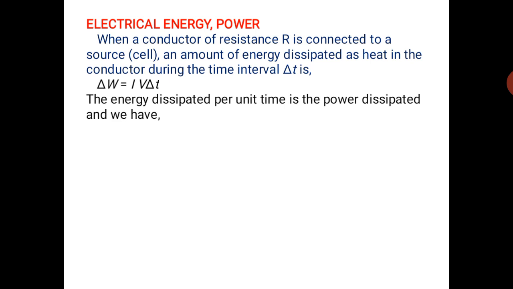So the energy dissipated per unit time is the power dissipated, and we have P equal to work by time, that is I into V. Using Ohm's law, V equal to IR, we get P equal to I square into R. Or, by using V equal to IR, we can write I as V divided by R. So I into V is V by R into V, that is V square upon R. Cleared?